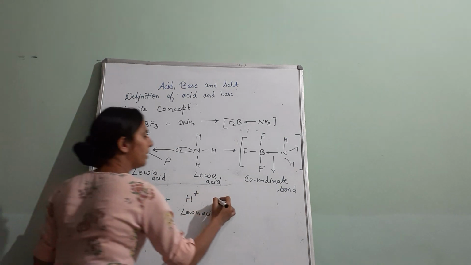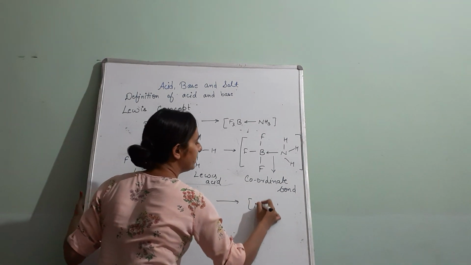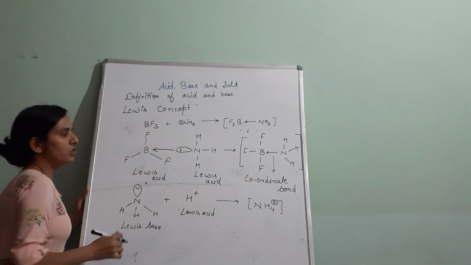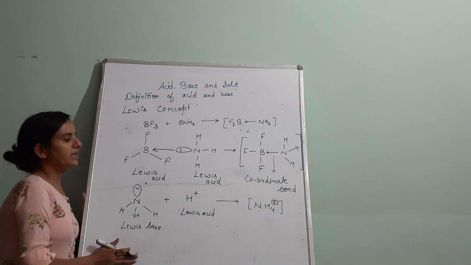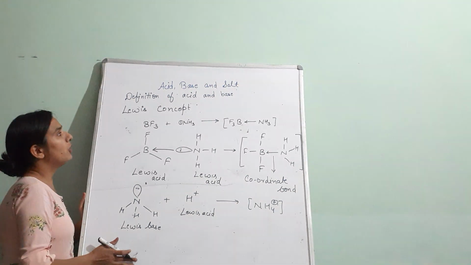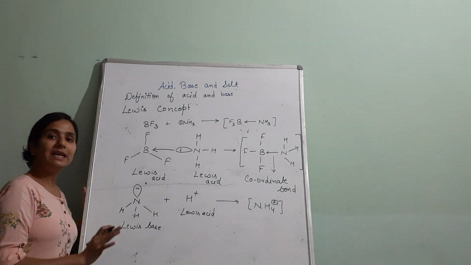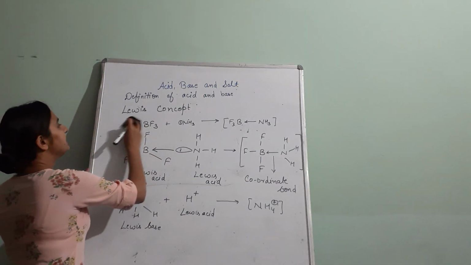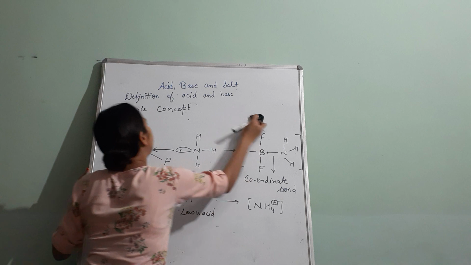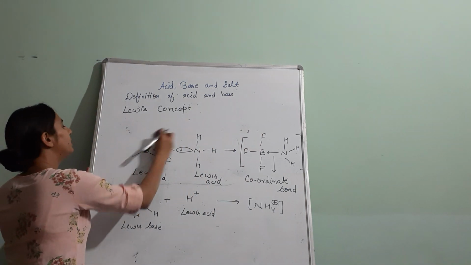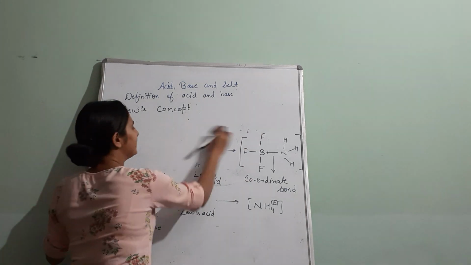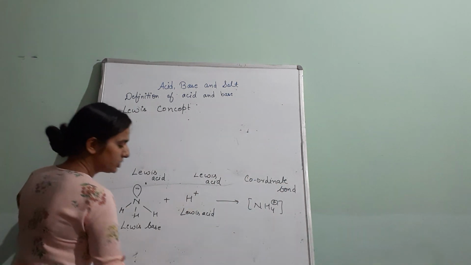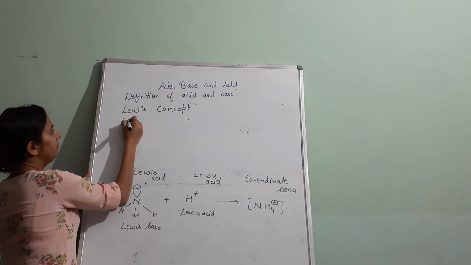When these two react, they form NH4 positive, which involves the formation of a coordinate bond. This is all about the Lewis concept. The only limitation of the Lewis concept is that it involves the formation of coordinate bond, which is not true always.